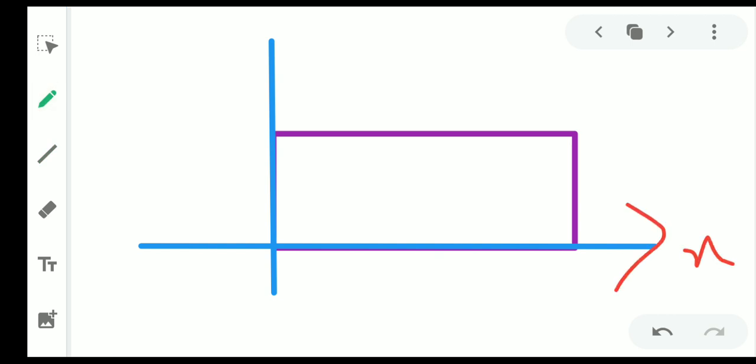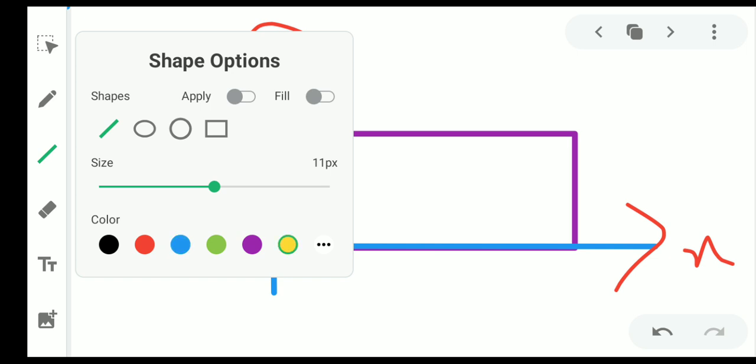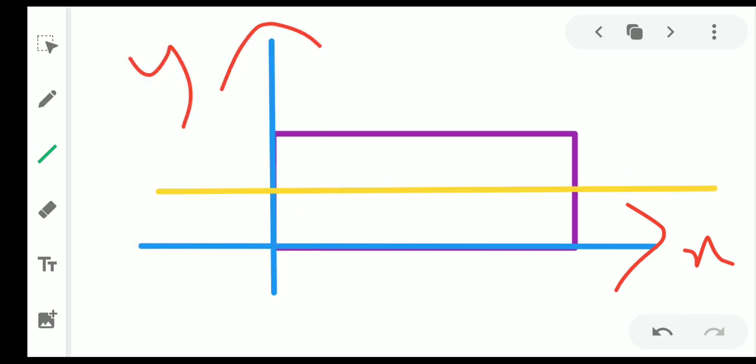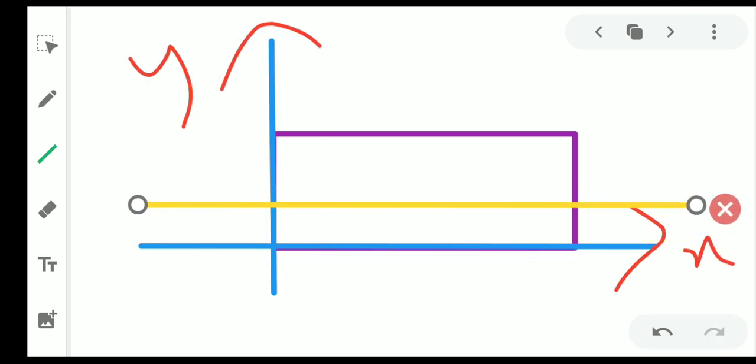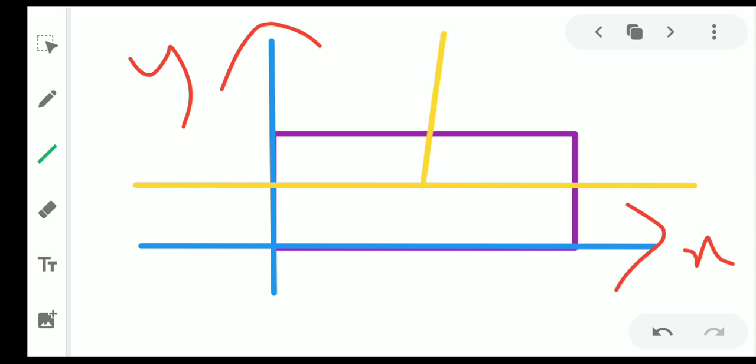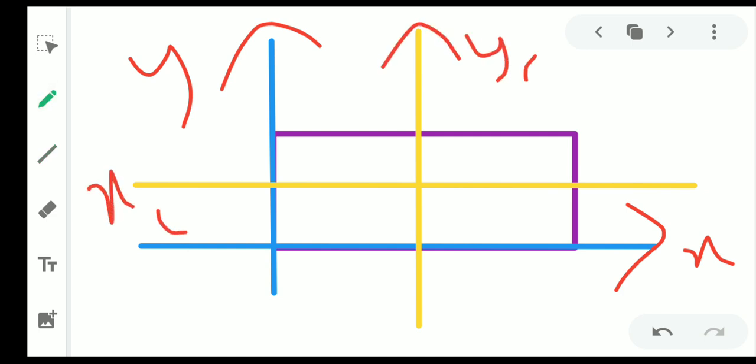This is x and this is y. It is not the centroidal axis, it is the normal coordinate axis, but the centroidal axis will be somewhere here. Okay. This we denote by, suppose, xc and this is yc.